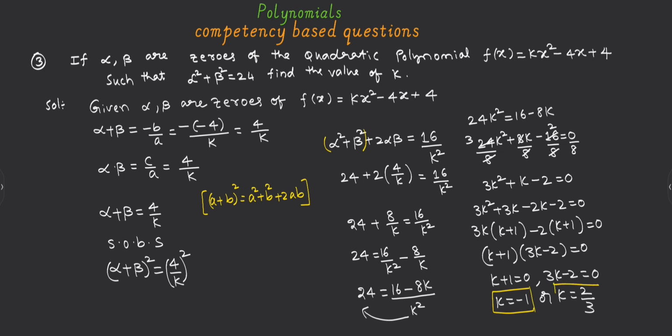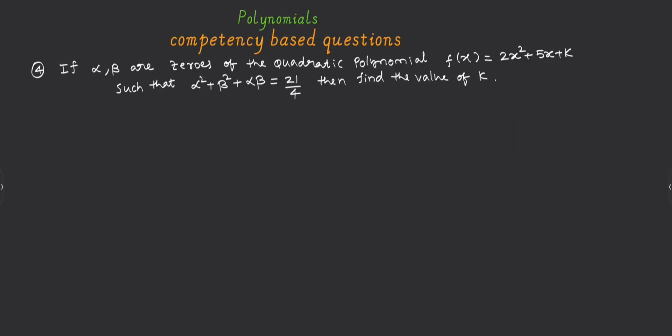Hope you understood this also. Now let us do one more problem. Now let's see this problem. Here again, what is given: alpha, beta are zeros of f of x is equal to the polynomial 2x square plus 5x plus k.